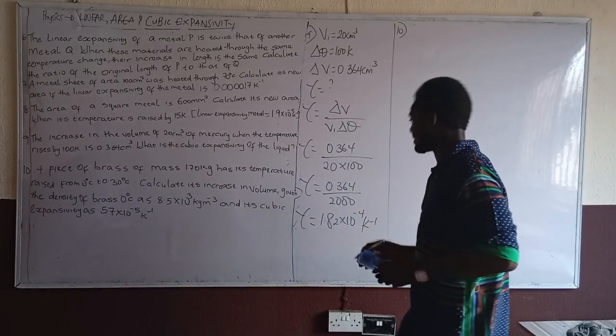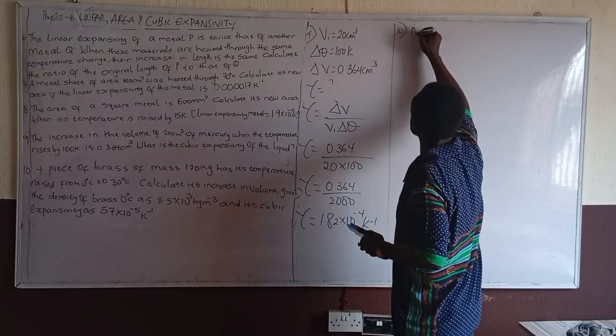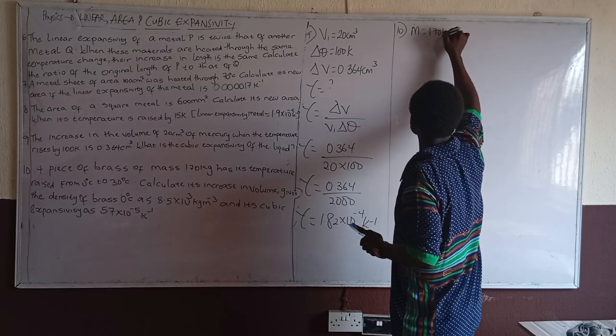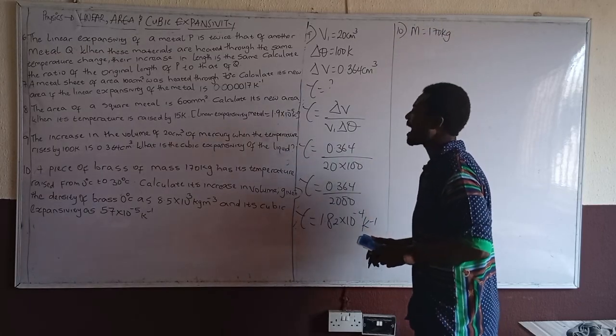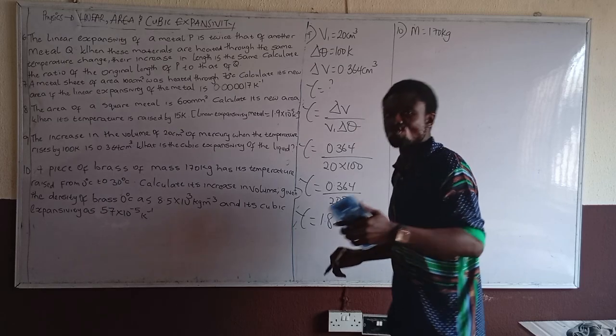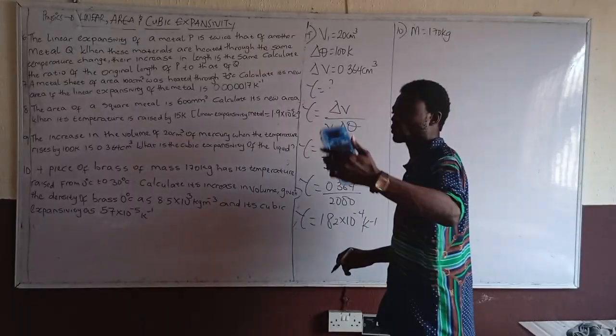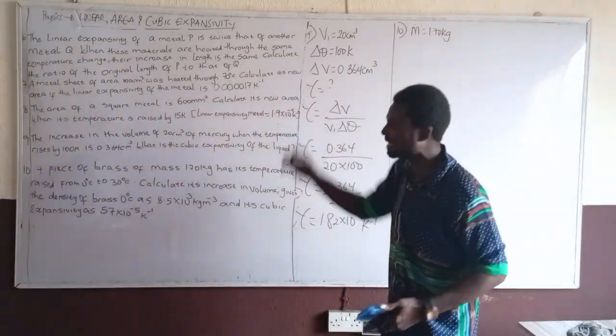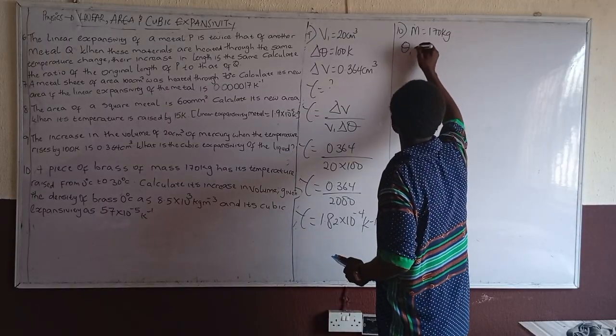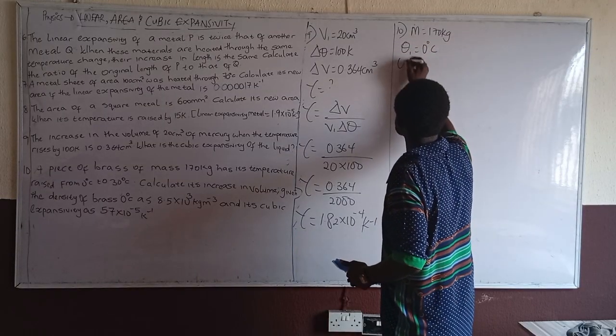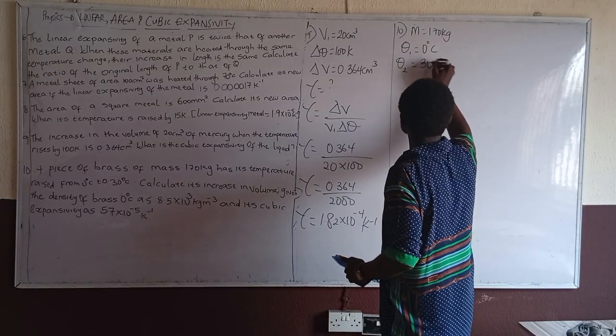A piece of brass of mass 170 kilogram has its temperature raised from 0 degrees Celsius to 30 degrees Celsius. That is, theta 1 is 0 degrees Celsius, theta 2 is 30 degrees Celsius.